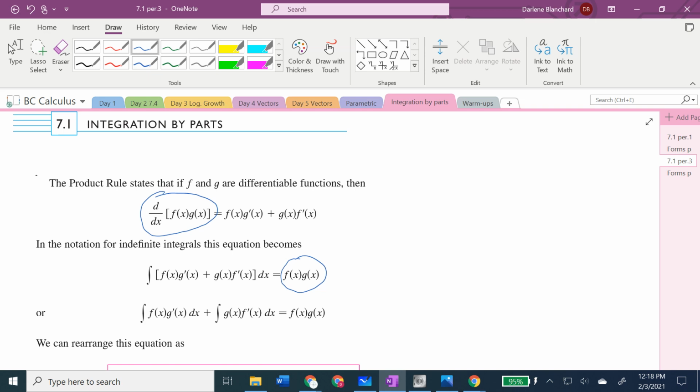I did a photocopy or a screenshot from the textbook. Then what was on the right side is now switched over to the left, but that is now the integrand of an integral. So both sides got integrated.